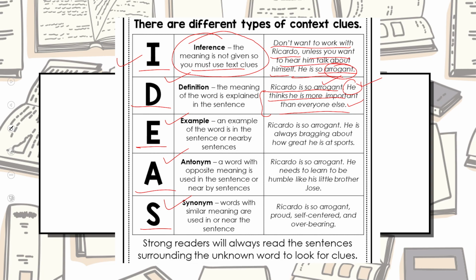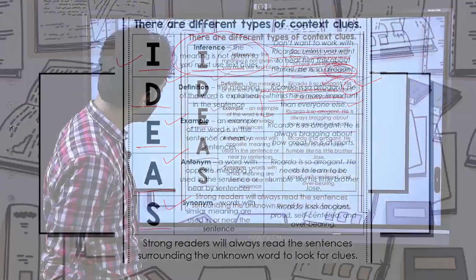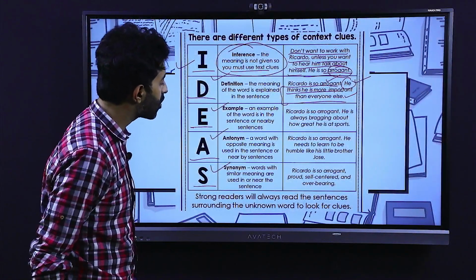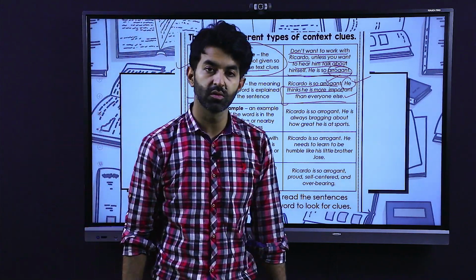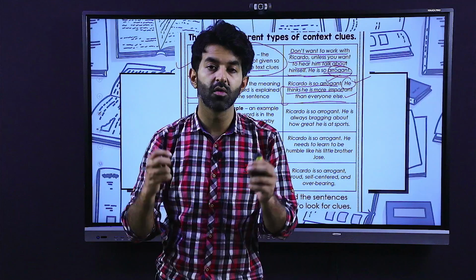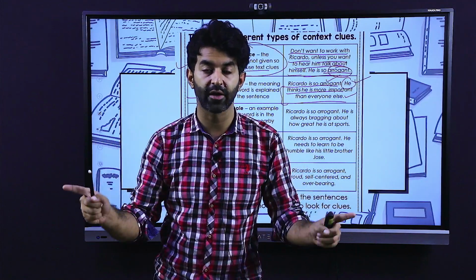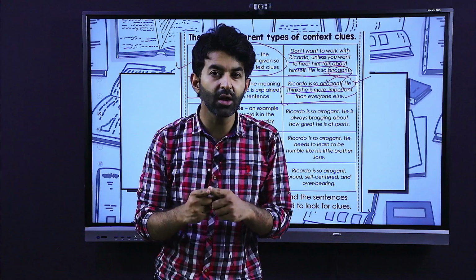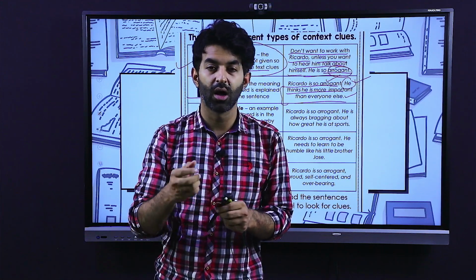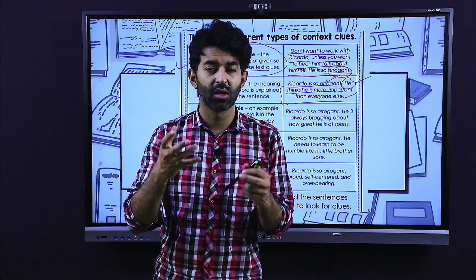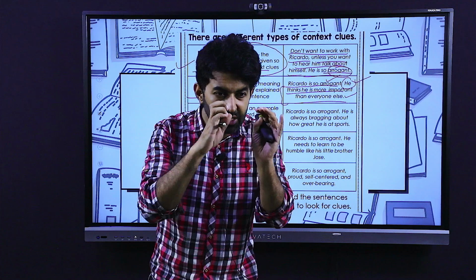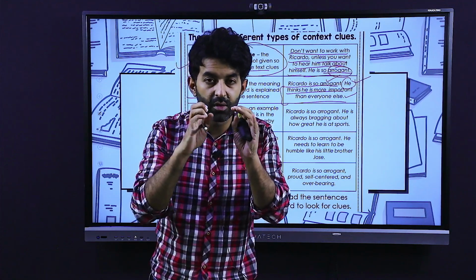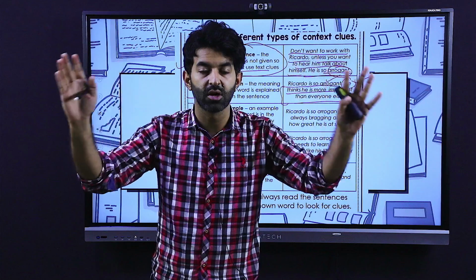So a little message written at the end. It's very important that strong readers will always read the sentences surrounding the unknown word to look for cues. It means that strong readers will always look for the context, and they are going to put their binoculars on and look at each and every sentence surrounding the difficult word.